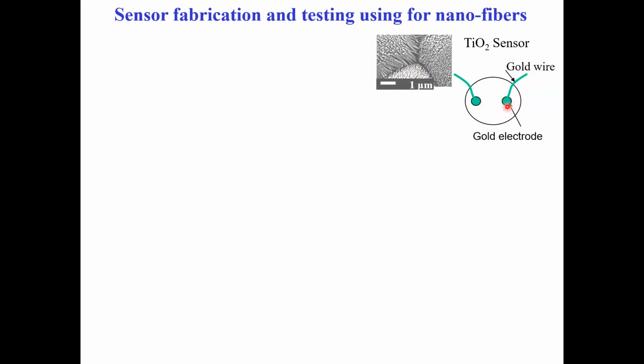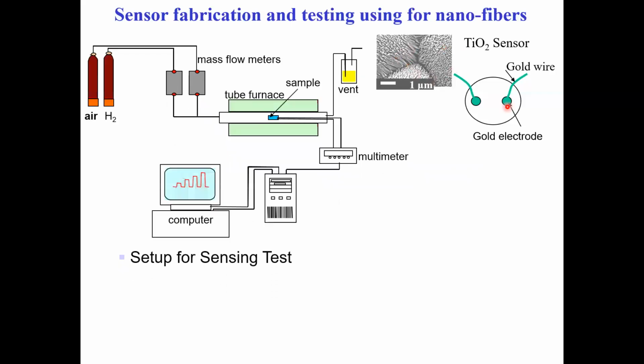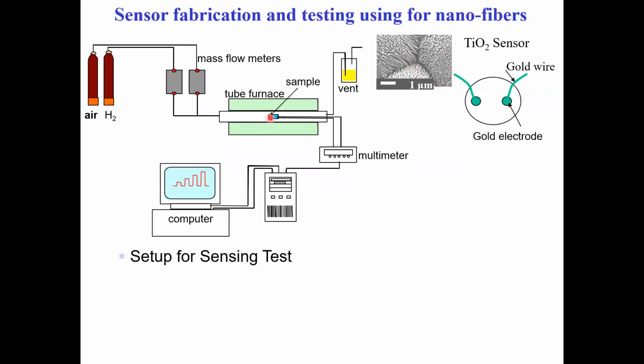And then that's basically your sensor. And we measured that sensor inside a furnace where we can control the gas concentration by diluting hydrogen. And we can do the measurement as a function of temperature as well.